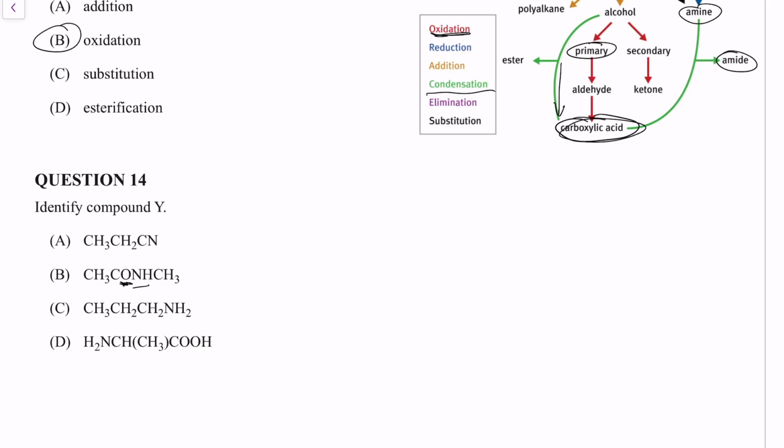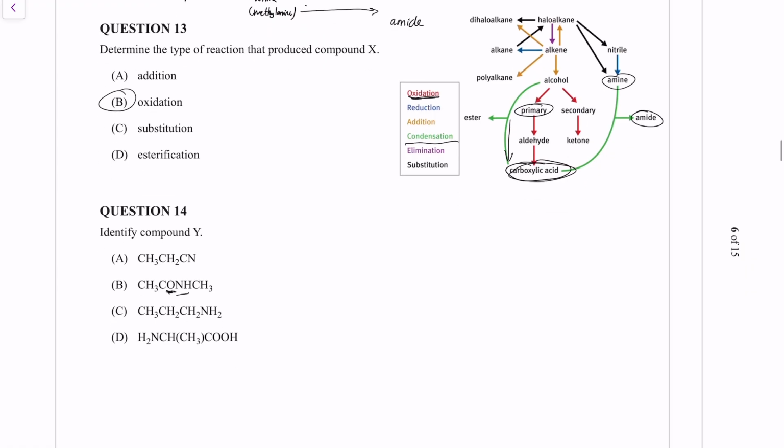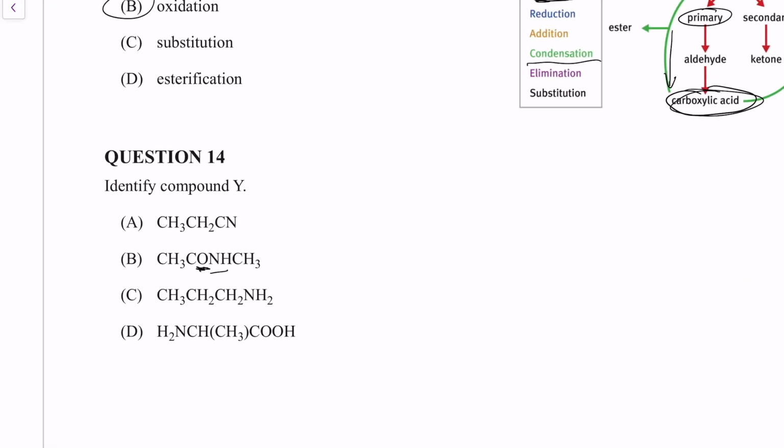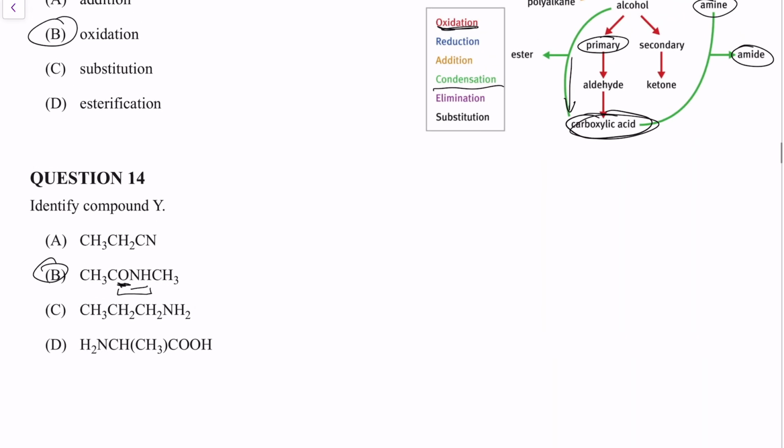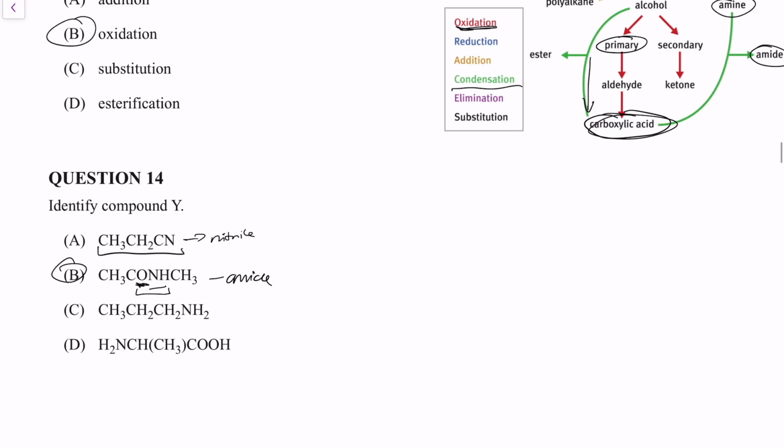So we can tell that that's going to be B, because we have that amide group there, which determines that this is an amide. This one would be a nitrile, because it only has one N at the end of the carbon.